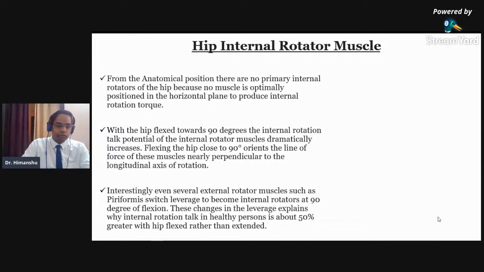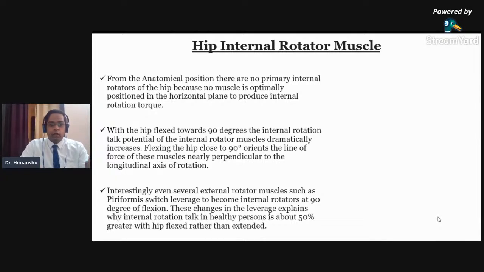So from the anatomical position, there are no primary internal rotators of the hip, because no muscle is optimally positioned in the horizontal plane to produce internal rotation torque. It is just the compensation of other muscles that helps you in internal rotation. It can be your abductors, it can be many more muscles.